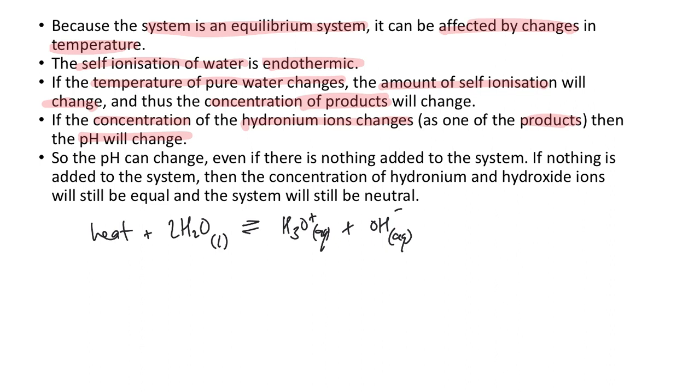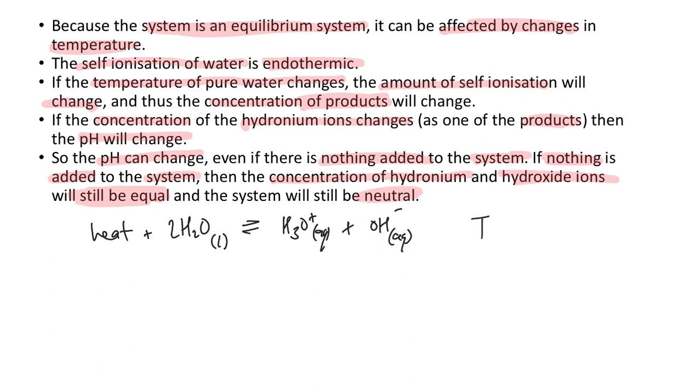So the pH can change even though there's nothing added to the system, and if nothing is added to the system, then the concentration of hydronium and hydroxide ions will still be equal. This is a key idea, that it's still equal. That means it's still neutral, even if the concentration of hydronium and hydroxide ions is changing. So let's explore that a bit.